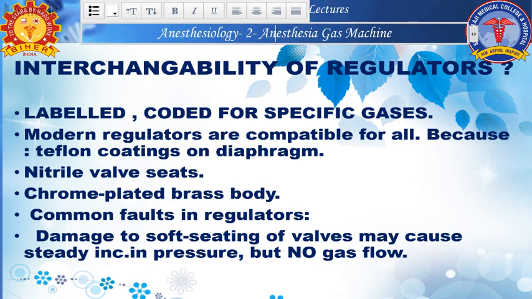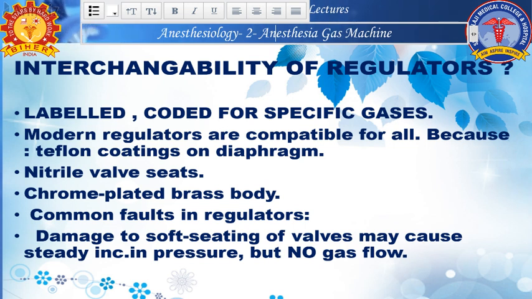They also have nitrile valve seats and a chrome plated brass body. But we should know the common faults in regulators, what can happen. As anesthesia providers and technicians, everybody should know the basic faults so that we are alert and try to address them immediately.